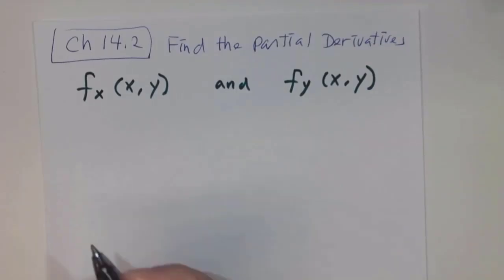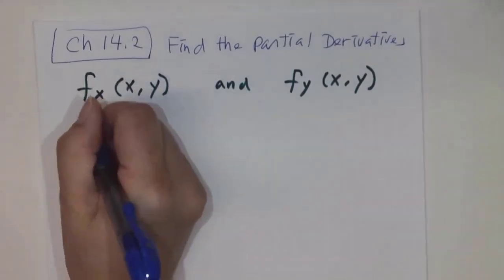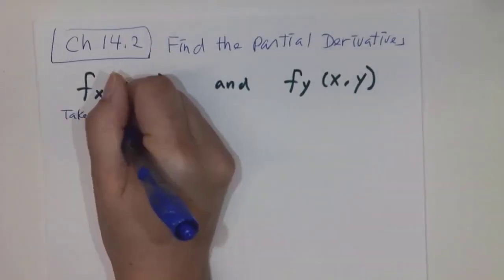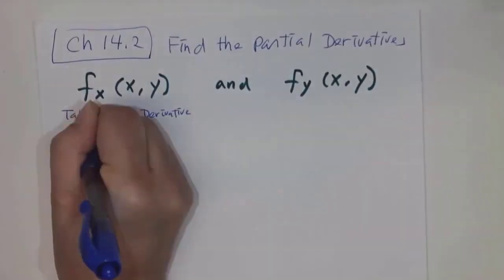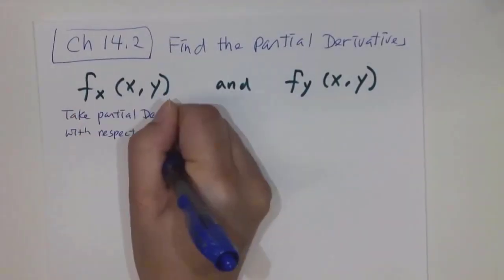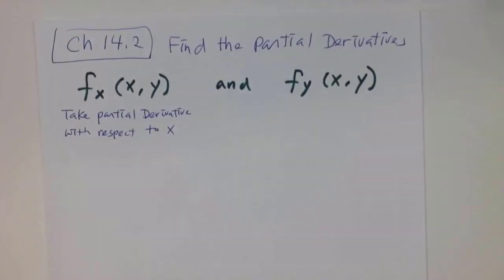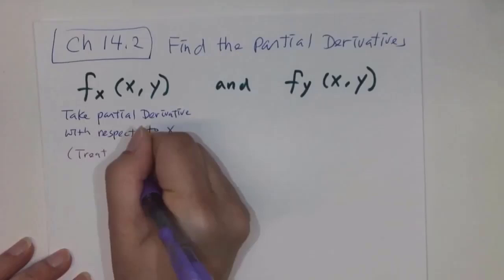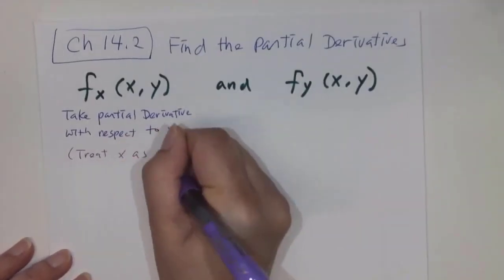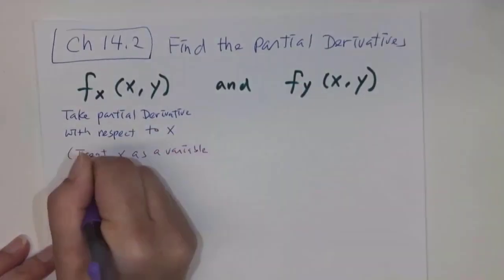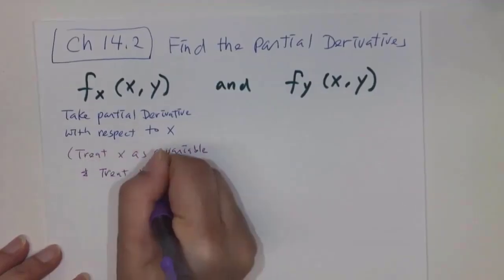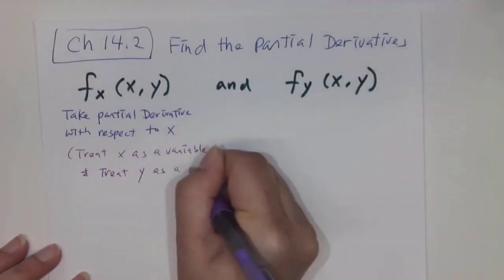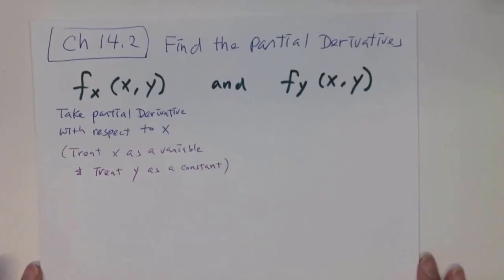That sounds different, huh? So we are taking the partial derivative with respect to x, and what that means is we're going to treat x as a variable and treat y as a constant. Is that okay? All right.